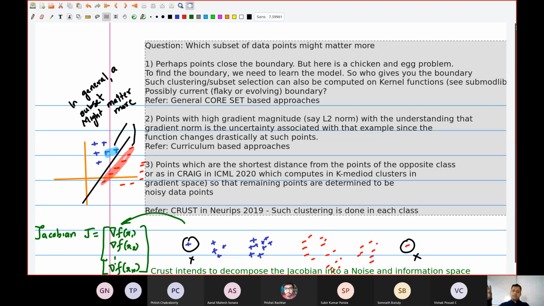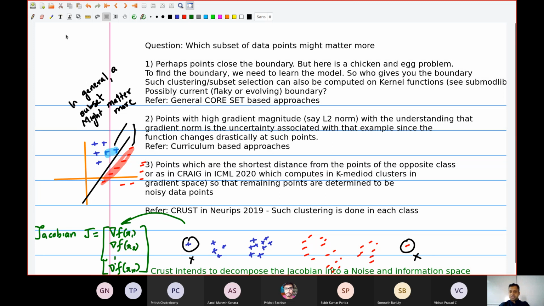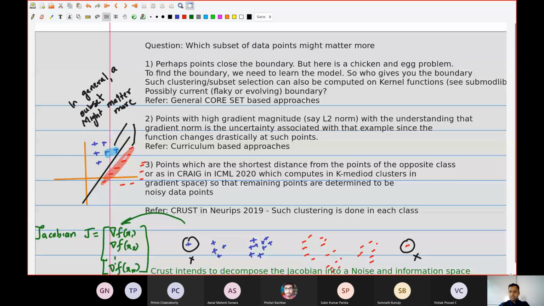I'm not saying that's not worth it. It's worth it. In fact, I'll talk about our work on GradMatch, which is totally based on gradient computation. So there's a lot of value.